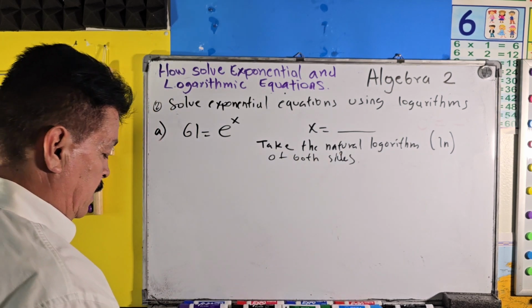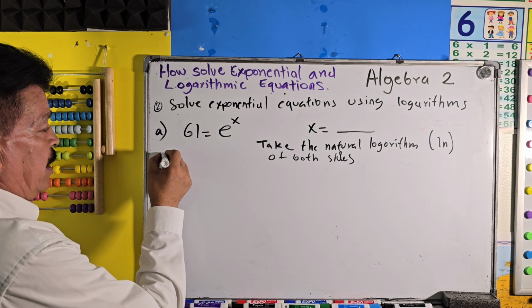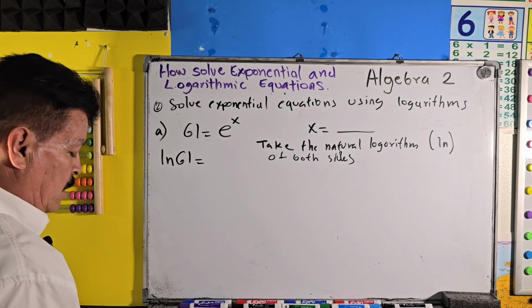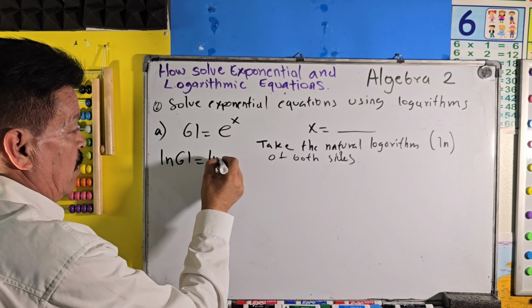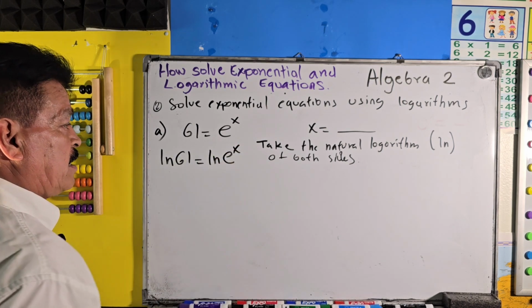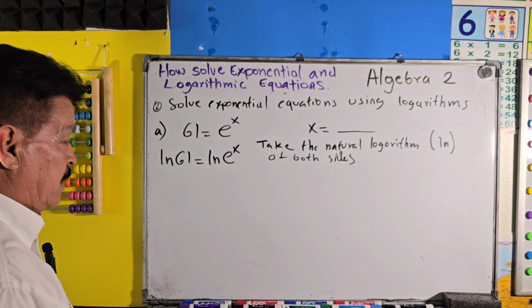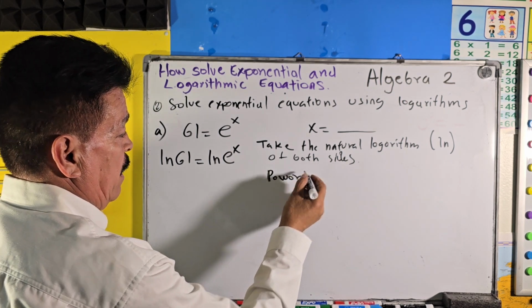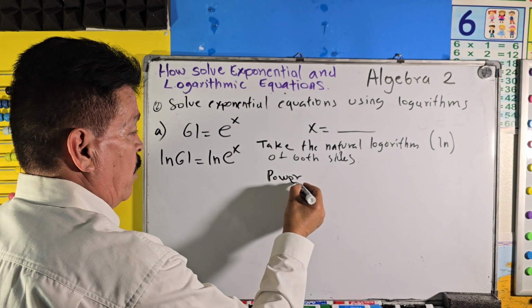So we have the natural logarithm of 61 equals the natural logarithm of e to the x power, right? Now we have to use the power property I told you.